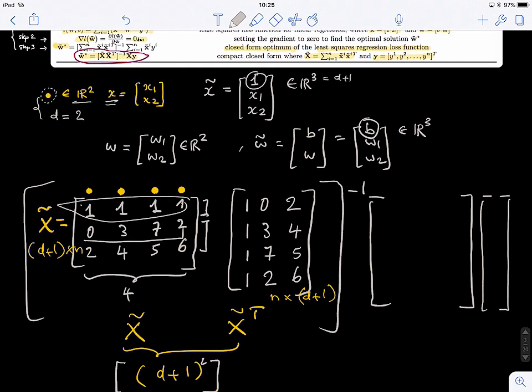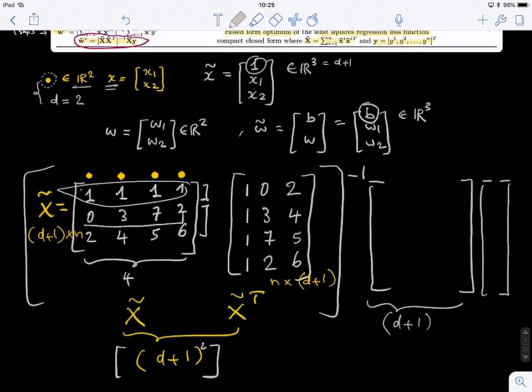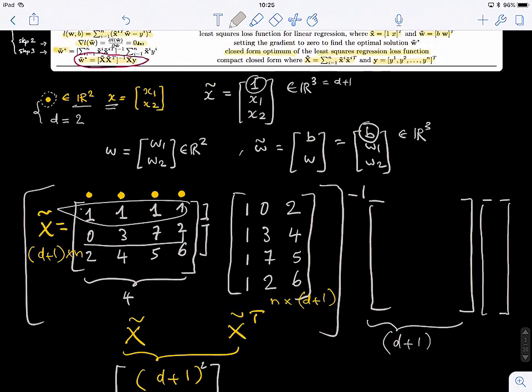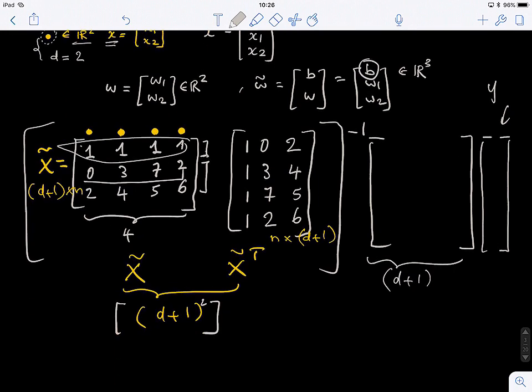So right here, what is the dimensionality of this one? It's D plus 1, right? And we have the W tilde. It should be D plus 1. So what is the dimensionality of the y? Okay, so let me just write it.